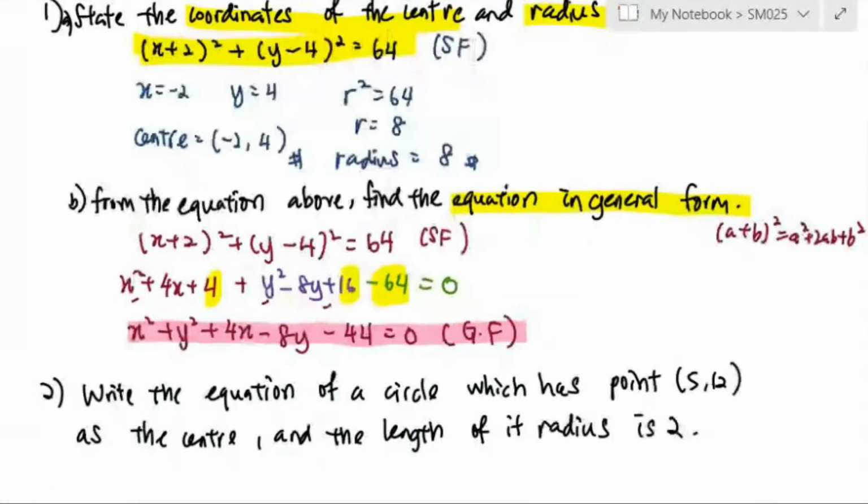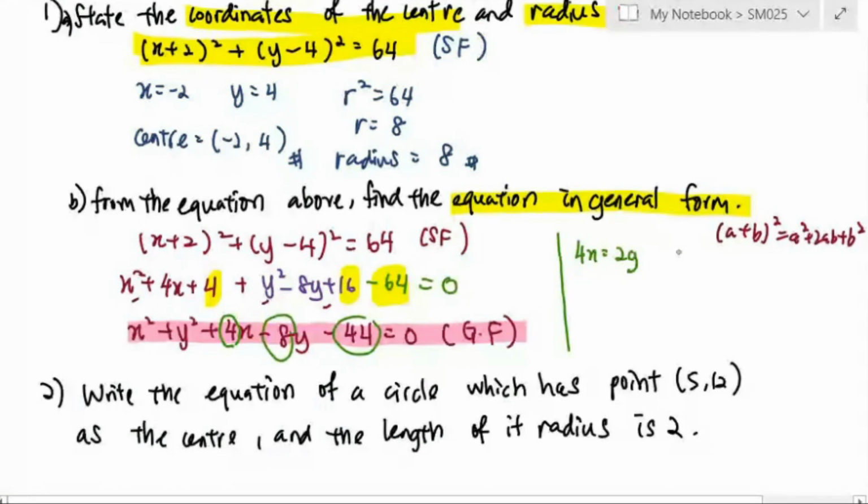You can see 4X will be our 2g, something X. This is our 2g, this is our 2f, this is our c. Negative 8 will be 2f, and then negative 44 will be our c.